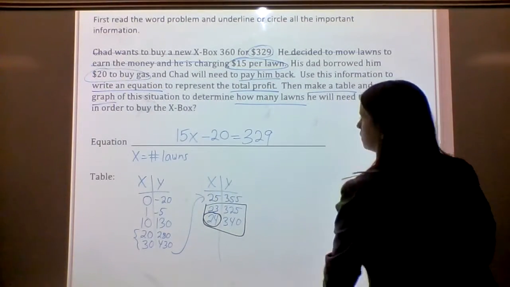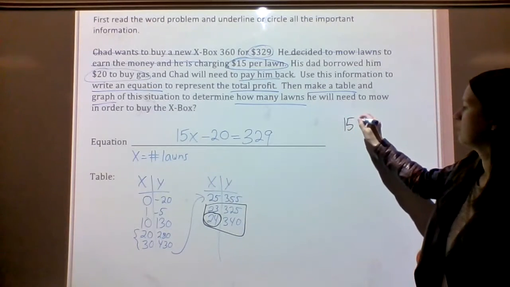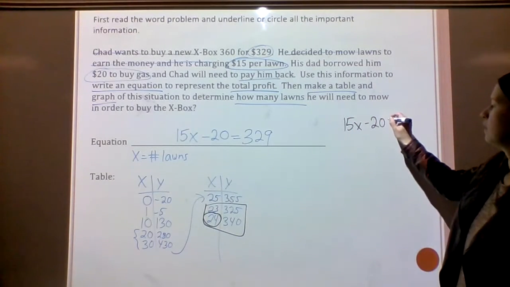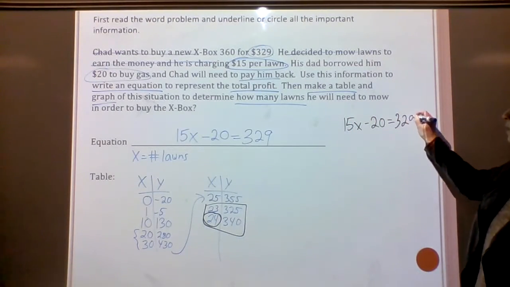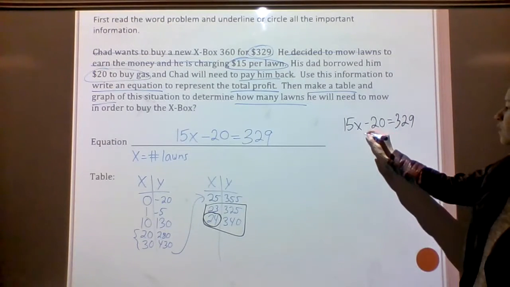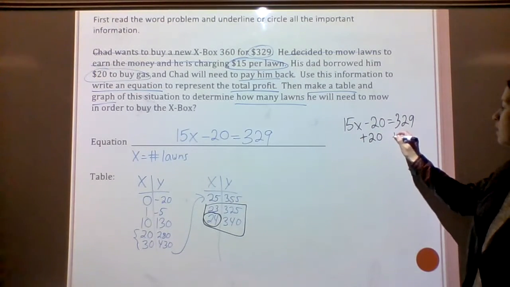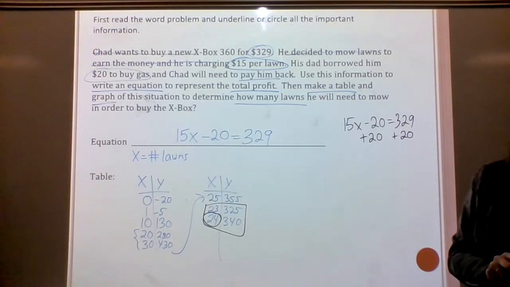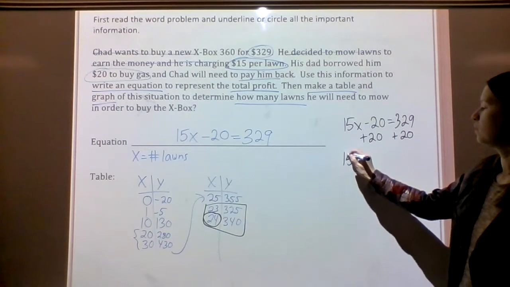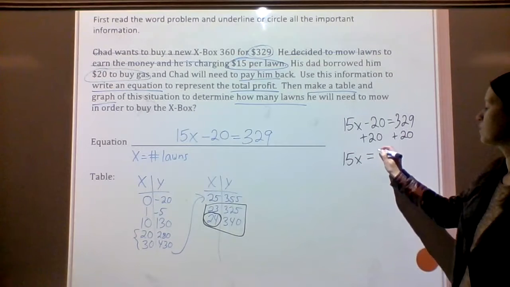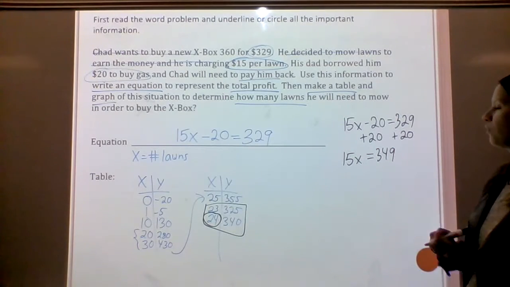So 15x minus 20 equals 329. We want to get x by itself. So we add 20 to both sides. 15x equals 349.